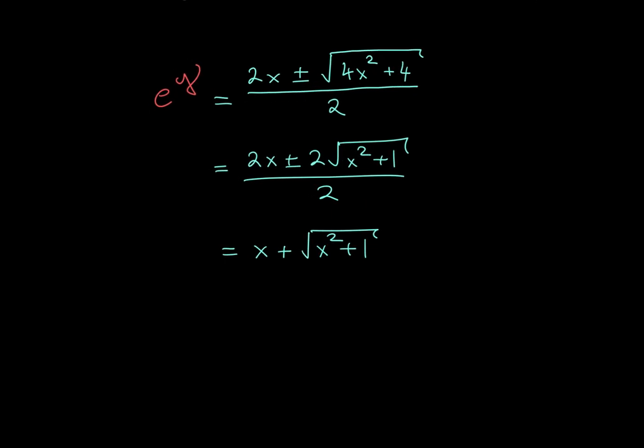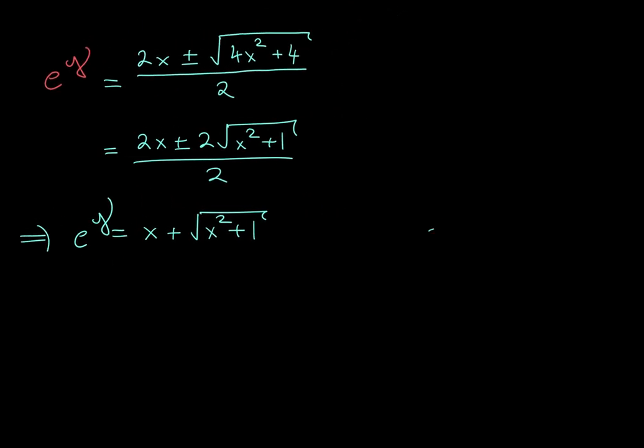All right, so I want y by itself, though. So overall, here's what I got. E to the y is equal to this thing, but remember that fundamental relationship. E to the star is equal to square, we went over this in the last 2 videos, if and only if star is equal to the natural log of square.